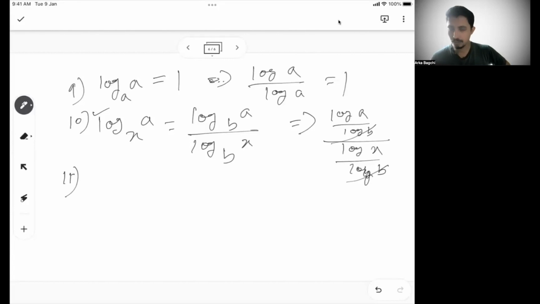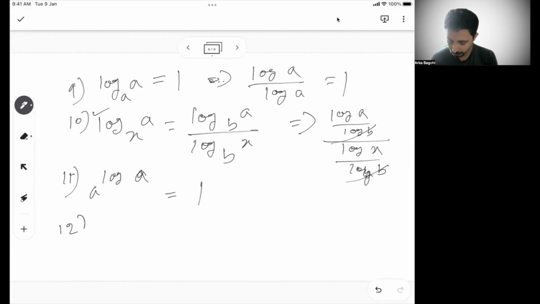The other formula is, if we have a to the power log of a base a, that is also equal to 1. So this is the main formula, and there is one more.